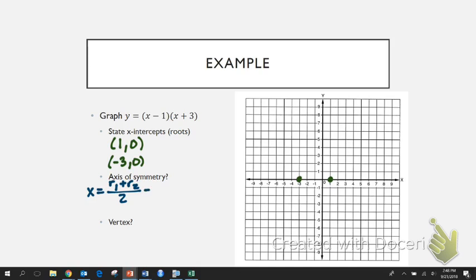So, -3 plus 1 over 2 is -2 divided by 2, which is -1. So my R1 and R2 are -3 and 1. It doesn't matter which one's which. So I plug in -3 and 1 into that equation we wrote down. And it tells me that my axis of symmetry is at x equals -1.